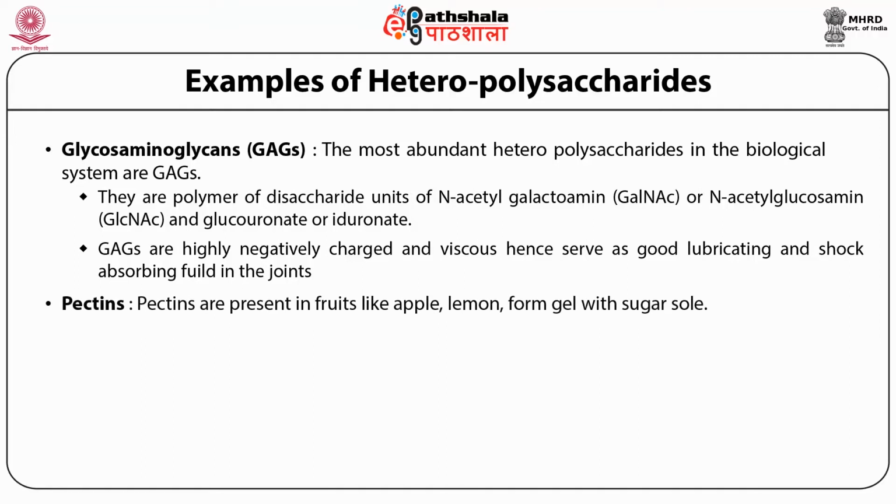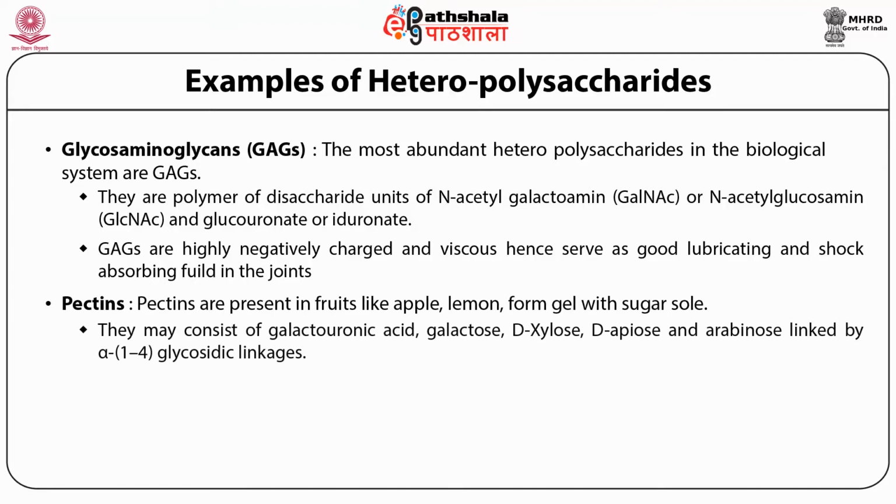Whereas pectins are present in fruits like apple and lemon and form a gel with sugar. They may consist of galacturonic acid, galactose, D-xylose, D-apiose and arabinose linked by alpha-1,4 glycosidic linkages.